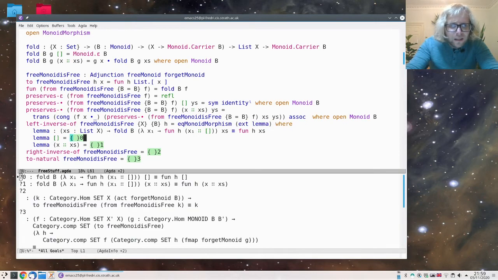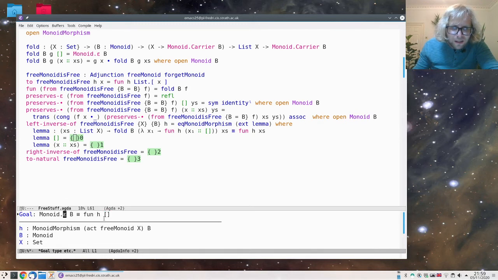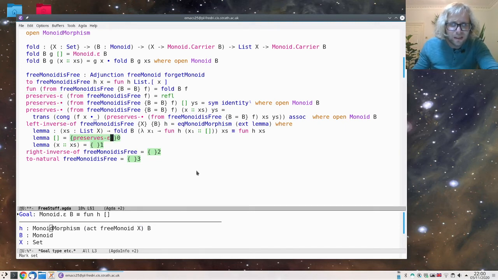Yes. Okay, so here we need that fun H applied to unit is unit. Okay, but H is a monoid morphism from this free monoid to B, so it's a monoid morphism, so it preserves the unit. Right.